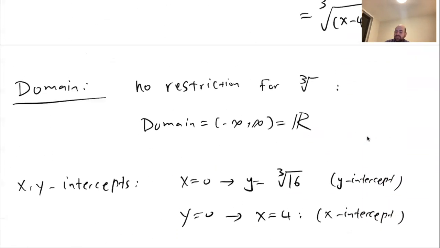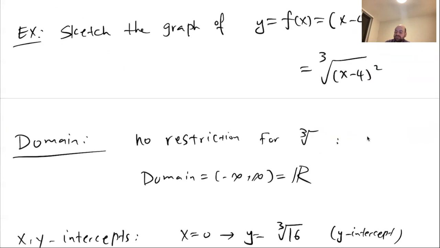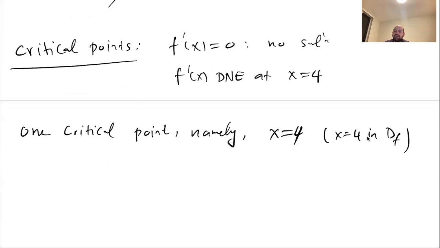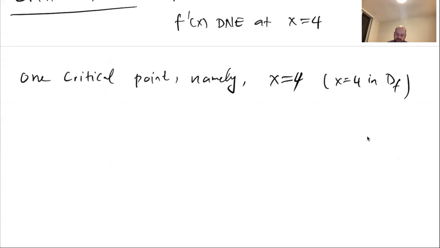Remember, the domain of f was all real numbers, so of course 4 is there as well. Therefore it is considered a critical point because it's part of the domain of f, but f prime does not exist at 4. So one critical point at 4. Now we can use the sign chart for f prime.